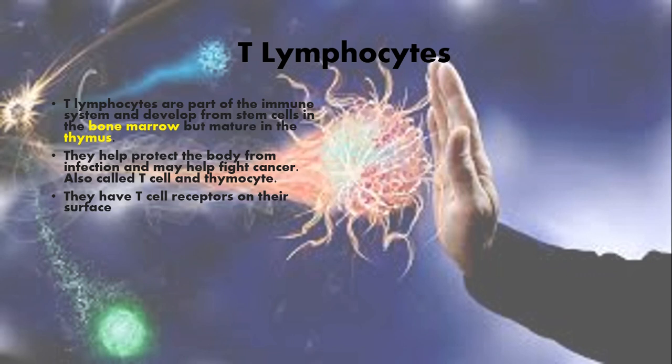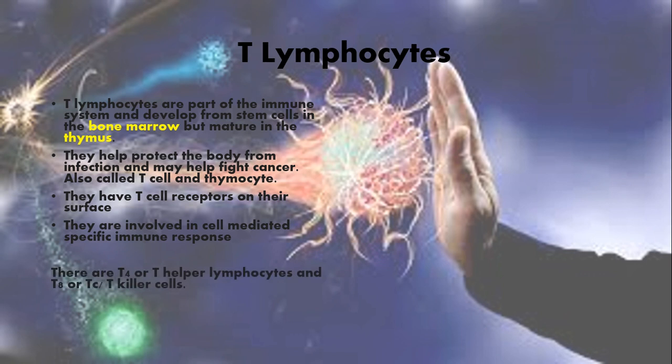They have T cell receptors, TCRs, on their surface, and they are involved in cell-mediated specific immune response, not like the B lymphocytes, which are involved in the humoral specific immune response, because the B lymphocytes secrete antibodies, and these antibodies are important in doing the immune responses. For the T lymphocyte, it is the T lymphocyte itself that undergoes the immune response, and this is why we call such immune response a cell-mediated specific immune response.